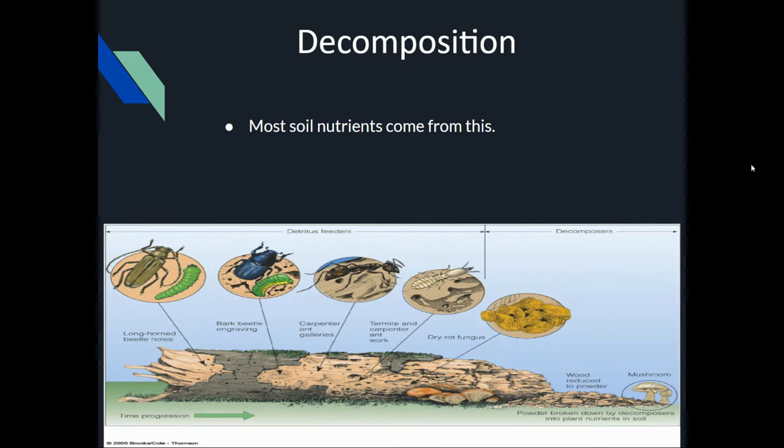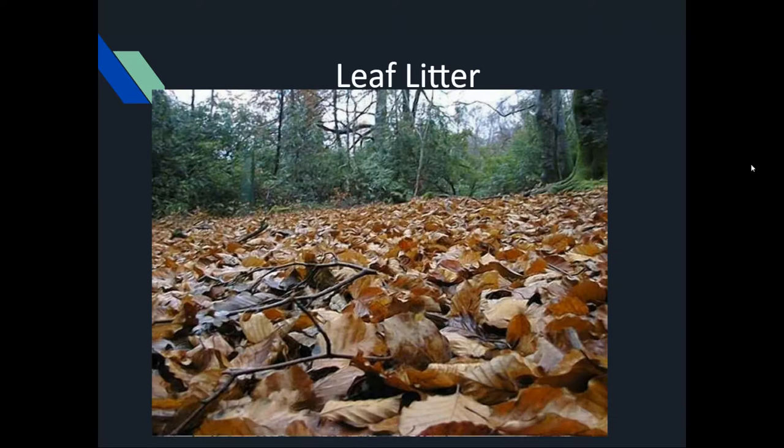It could come from leaf litter, which we can look at here. We're entering the time of year right now where leaves are going to start falling. Those leaves will eventually decay and rot, and all the nutrients found in those leaves will enter the soil and put nutrients back into the soil, which will be used for next growing season once winter's over.